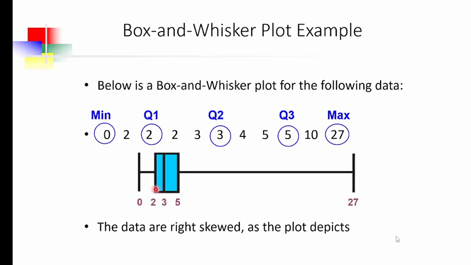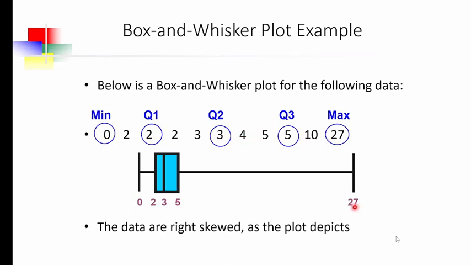Here we are drawing a box and whisker plot for the data. Here there are 1, 2, 3, 4, 5, 6, 7, 8, 9, 10, 11 observations.